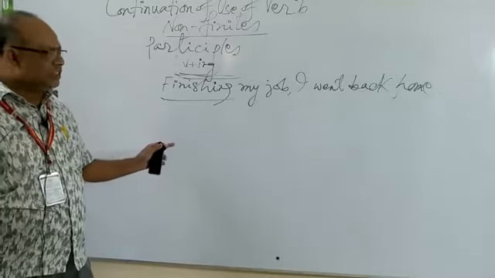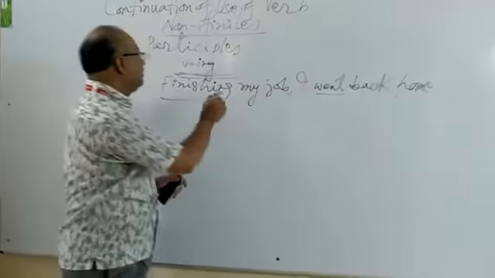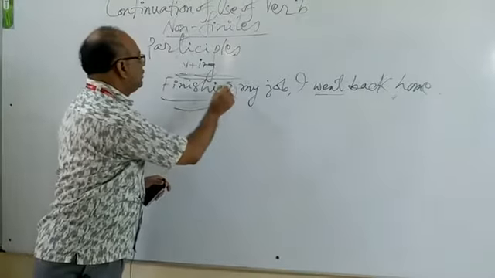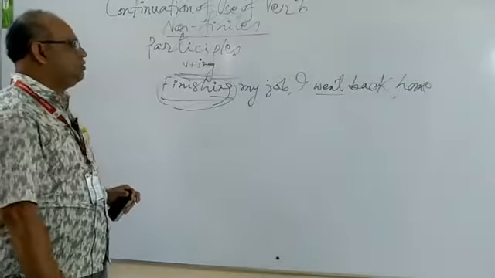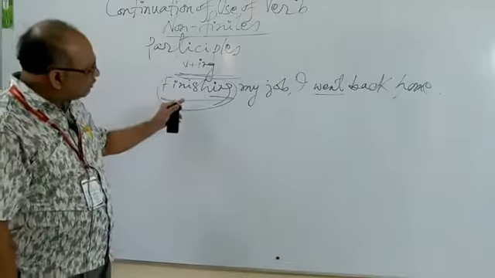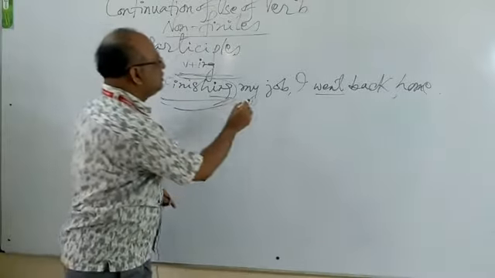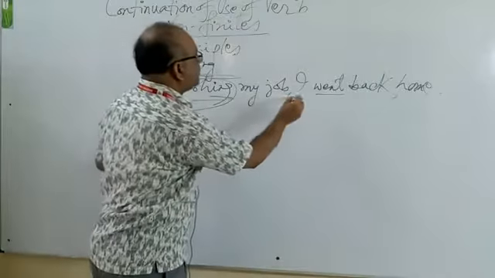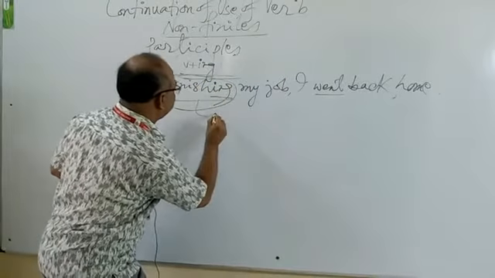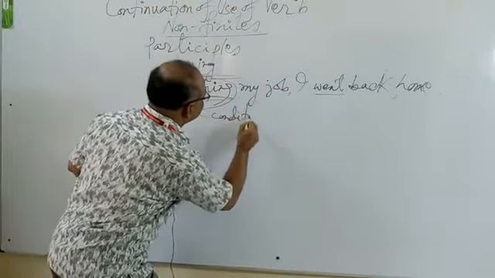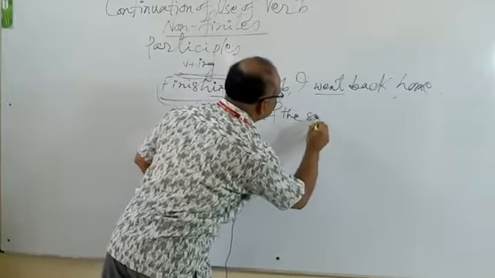This is a simple sentence. And what is the finite verb? Went. And this is the non-finite one. And you can see the word with ing, but it functions as adjective. Why does it function as adjective? Because what is my condition? It indicates the condition of the subject.